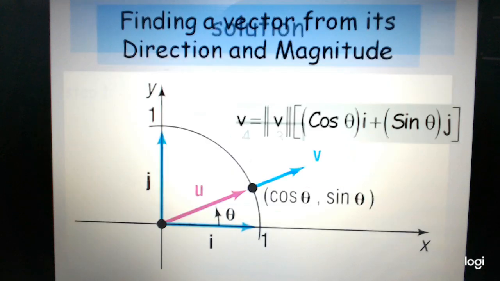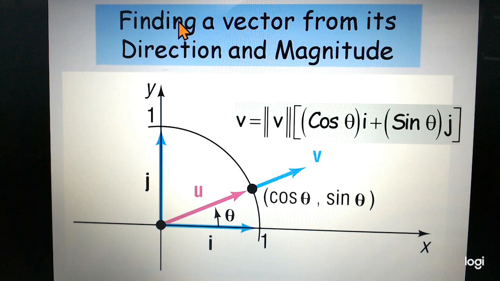Okay, so moving along. Finding a vector from its direction and magnitude. Here's the magnitude, and cosine theta i plus sine theta j. This gives us the direction. We've seen this type of thing many, many times in the past. Here's your unit vector.